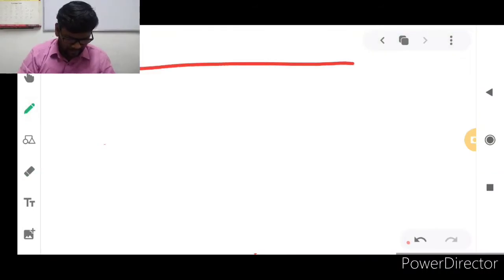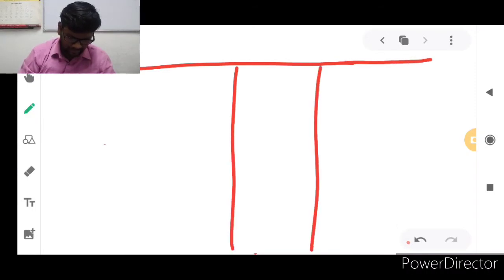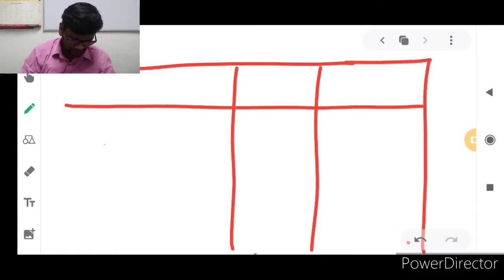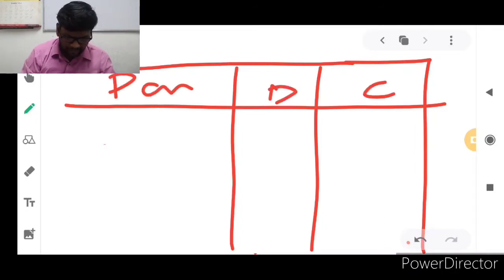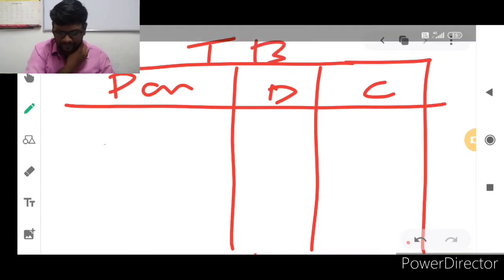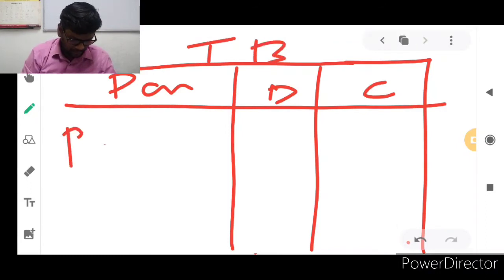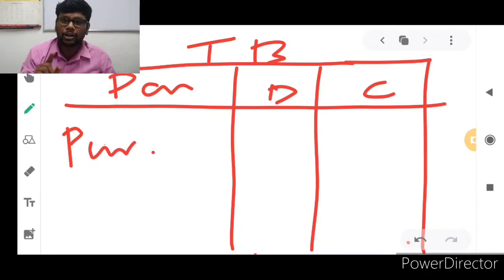Okay, it is a trial balance, TB, with debit side and credit side. Particulars, debit, credit. It is TB, trial balance. So here we will write purchases. The actual purchase amount is only 1 lakh.